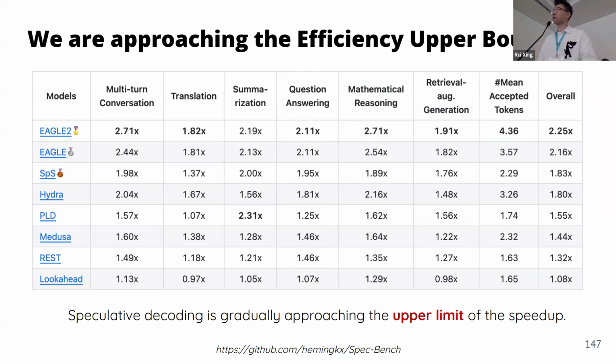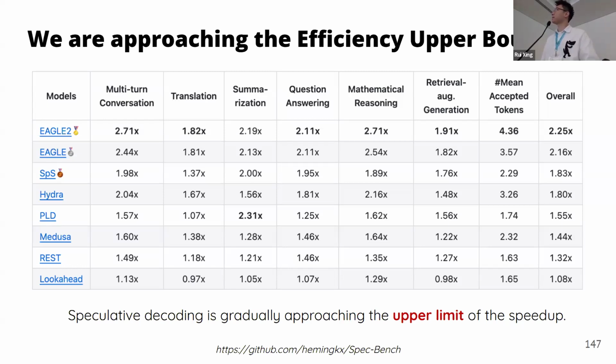This promising research area has seen rapid advancements in recent years, particularly in the last year. We can see that the speed ups gradually increase from the beginning of the last year to the end of the last year, from 1.4 to about 2 times speed up compared to Vicuna. It is the acceleration record on Vicuna 7 billion.